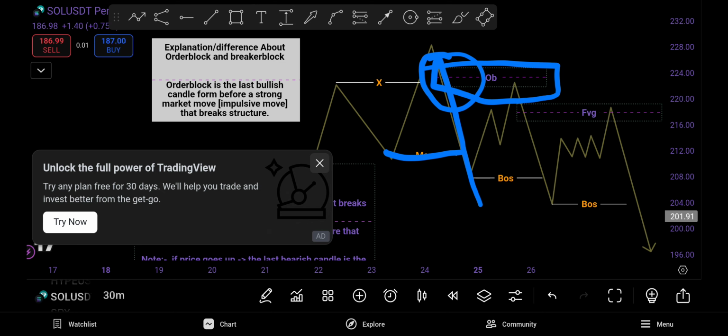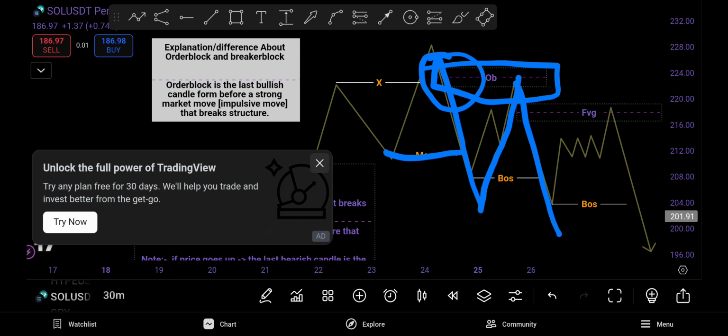So what we're expecting is that, through the rules of the smart money concept, an OB is like a pending order that has to be filled. So when price comes back to this OB area, it usually rejects and continues downward, just as I do the structure that is showing on my screen now.